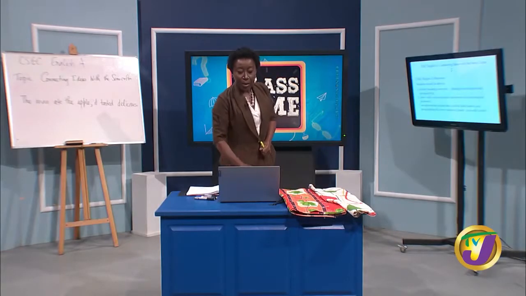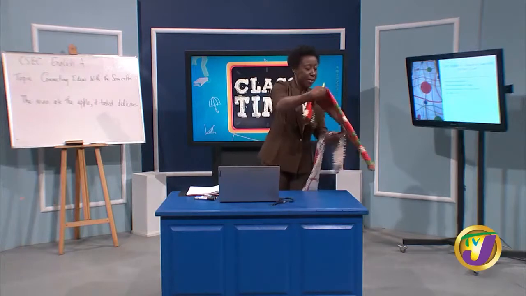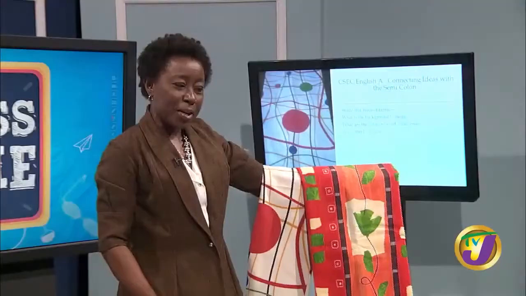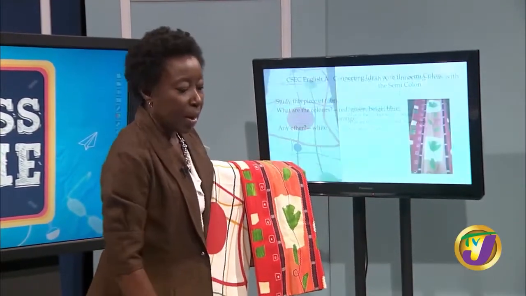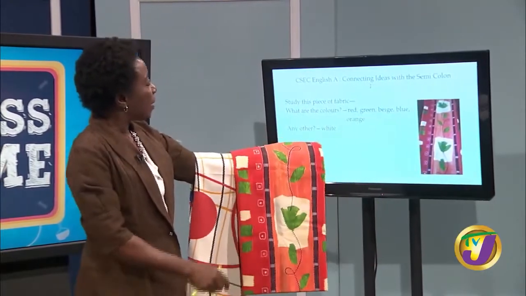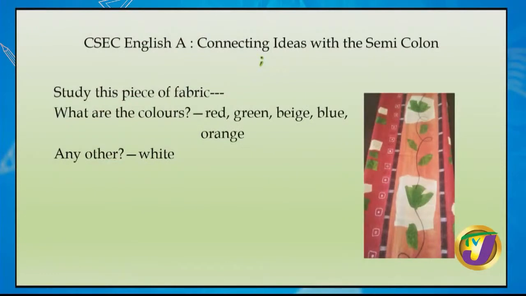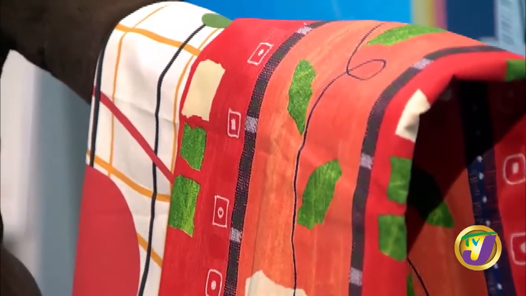All right. Now, remember the ideas of the colors. So we have connecting colors, and we were able to look at the colors to see the connection between the pieces of fabric. And we also looked at this one, and we saw the connection. When two ideas connect, okay then, in writing, you should try to insert the semicolon.